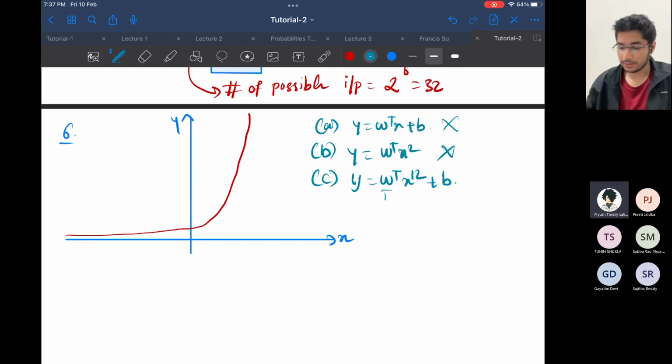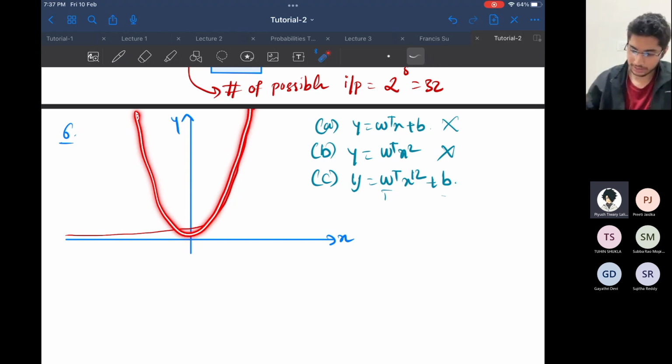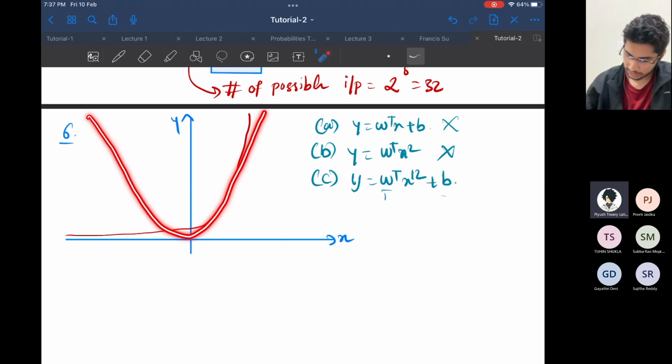And what this function will do is, this is just a bias term that will shift the curve. But if you have some idea of how the graphs look, this function will again look something like this. Okay, similar to x square, but maybe x square looks something like this.